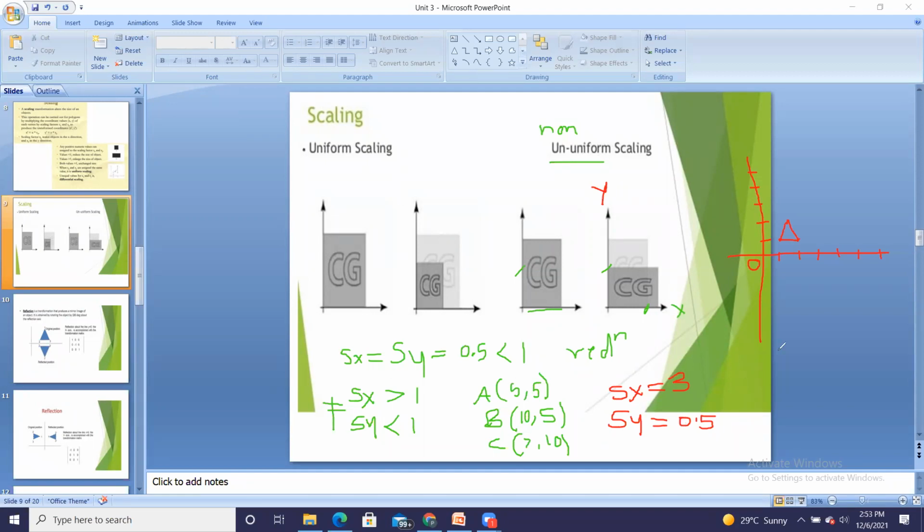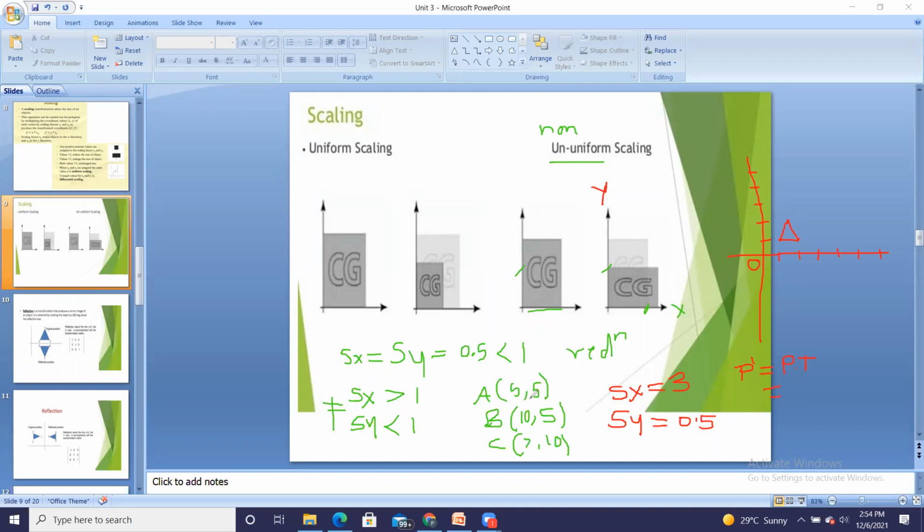So we know now our ultimate goal. That is, P dash, the resultant, is equal to P, the original, into T. So T is your transformation matrix and P is your original object.